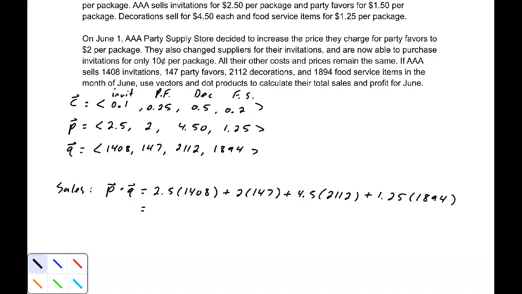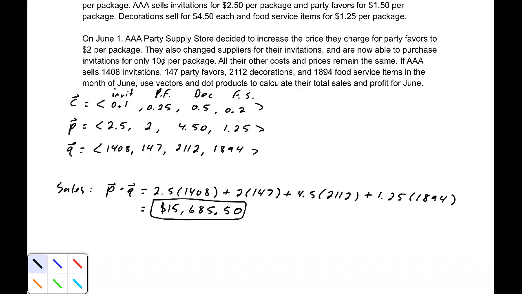So that my total sales is going to be $15,685.50. That's our total sales. Now next we want to find profit.